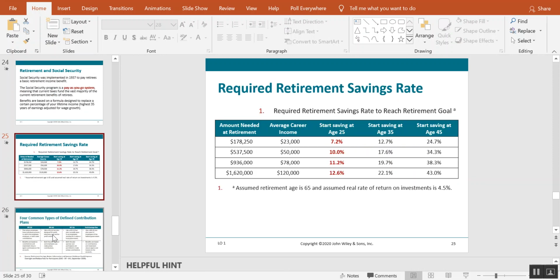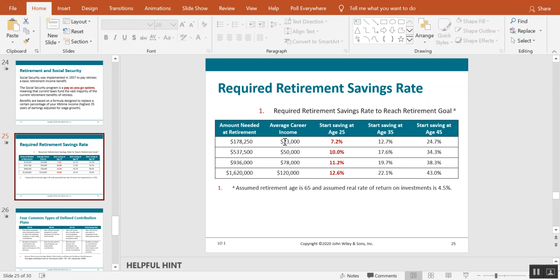So now if we're talking about what you need to save for retirement, we need to think about, okay, how do you want to live in retirement? And what is your average annual income right now? If you have an average career income of $23,000 a year, and you start saving at age 25, you can save 7.2% of your income from that point forward, and you'll wind up with $178,250 in retirement.